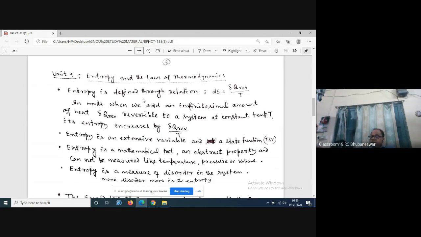The change in entropy is related to the infinitesimal heat delta Q supplied in a reversible condition at a constant temperature T. The symbol d is used for change. So dS, where S is the entropy, equals delta Q reversible divided by temperature T.